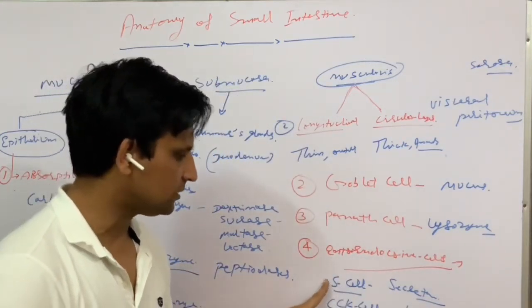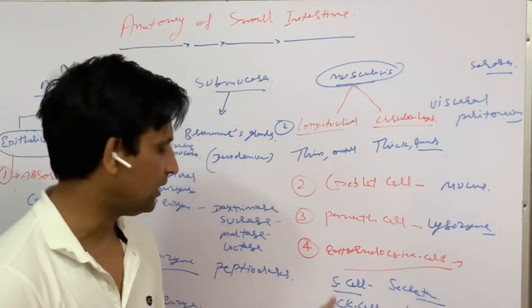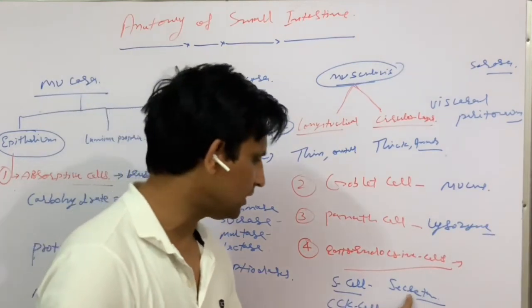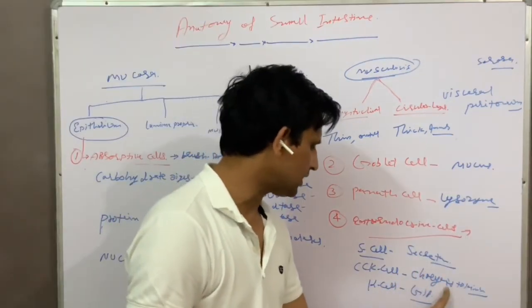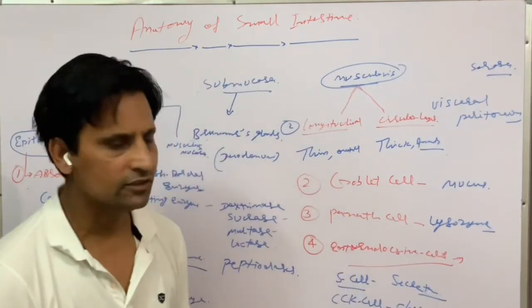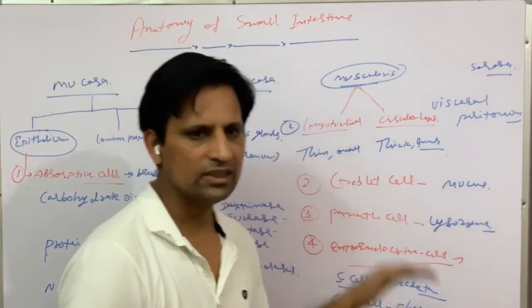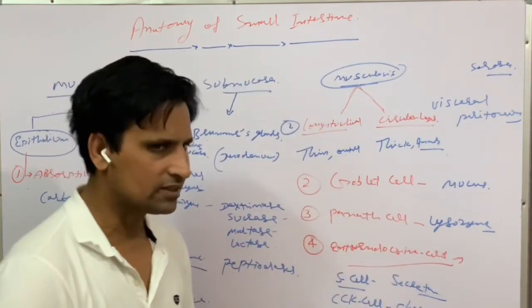One is the S cell, second one is the CCK cell, and third one is the K cell. S cell secretes secretin, C cell secretes cholecystokinin, and K cell secretes GIP, that is glucose dependent insulinotropic peptide. So these are the basic cells.